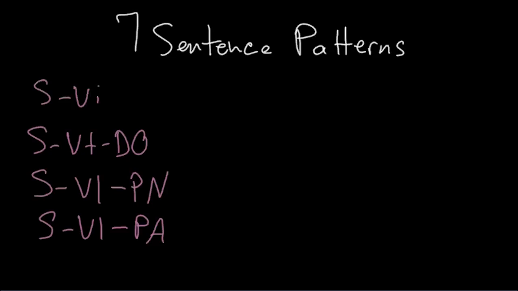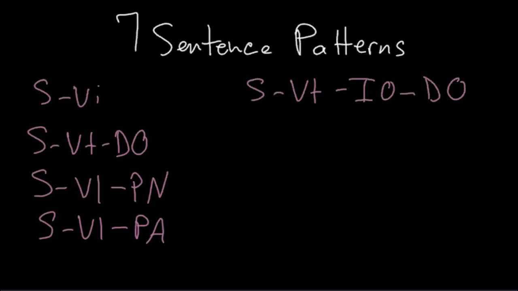Pattern 5 is SVTIODO, which stands for subject, transitive verb, indirect object, followed by the direct object.